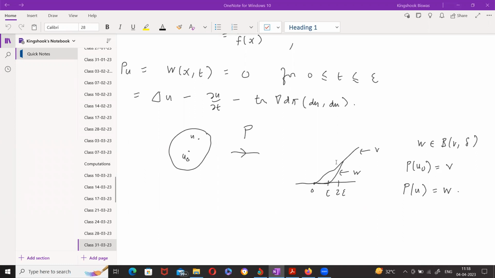And then you want a point in the original Holder space which maps to the zero curve, the curve which is constant zero.